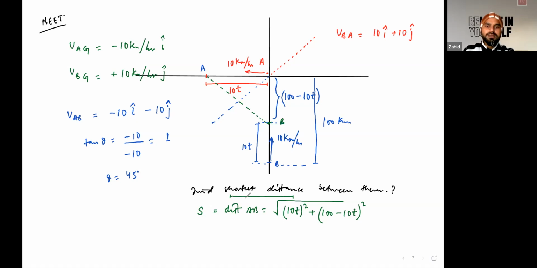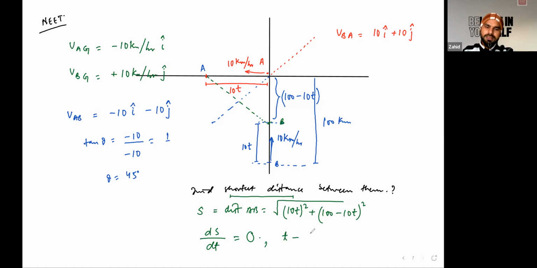Similarly, here, since we have to calculate the shortest distance between A and B, and S is a time-dependent function, differentiate it with respect to time and put it to 0. You will get the value of time for which the distance between A and B will be minimum.